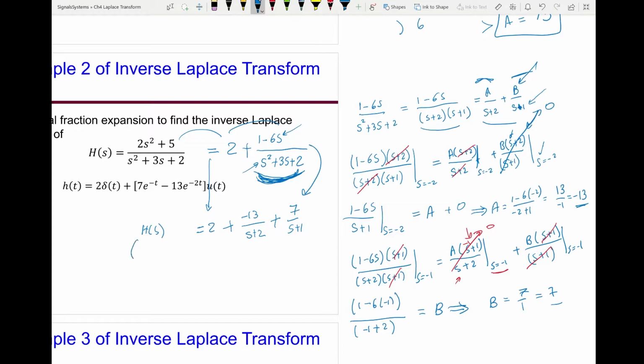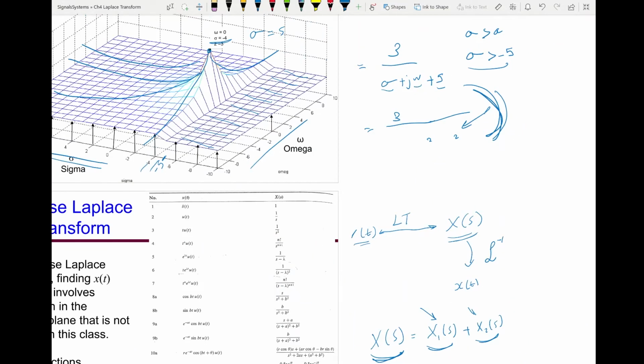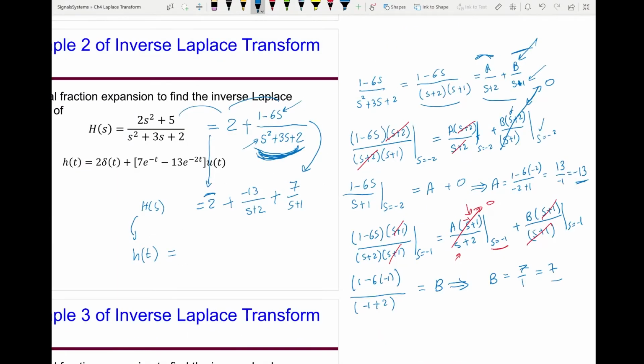Now we do the inverse Laplace transform, and this is h of t, and we use the table. That 2, it's in the table here. We have x of s, when it's 1, the inverse is an impulse. So we have 2, then it will be 2 times the impulse. Minus 13. This now is 1 over s plus 2.